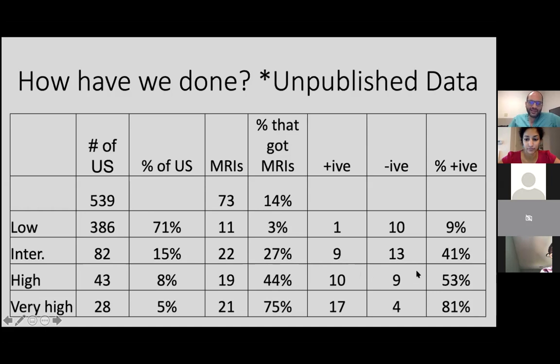And I think this is more interesting: even of those that are screened and get the MRI based off clinical and ultrasound information, those in the very high risk category have a higher rate of a positive MRI study and going on to angiography. So you can see that the risk stratification scale seems to work. Again, this is unpublished data, so I apologize if there's anything incorrect with this or things that we might iteratively change later on.